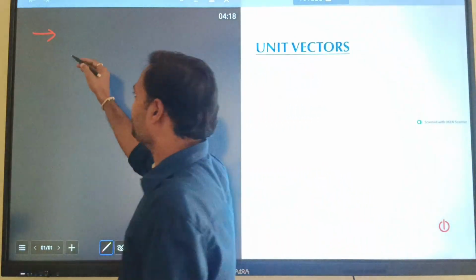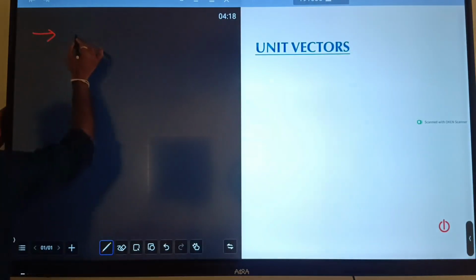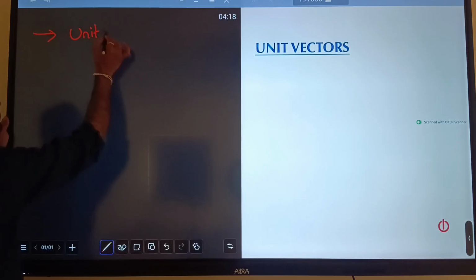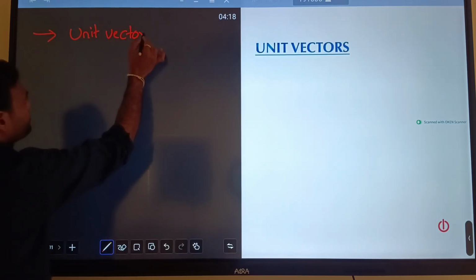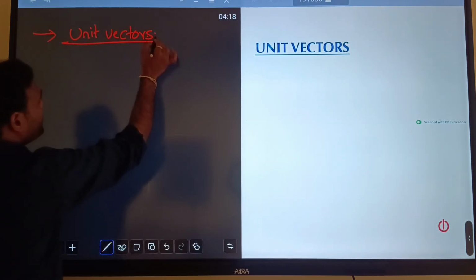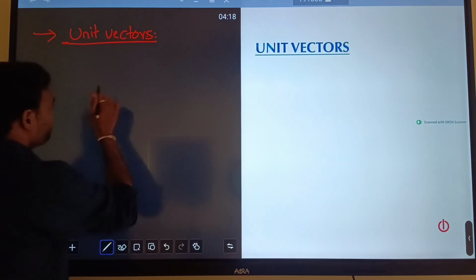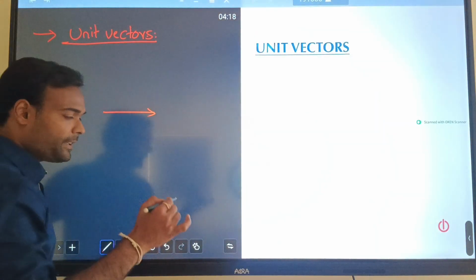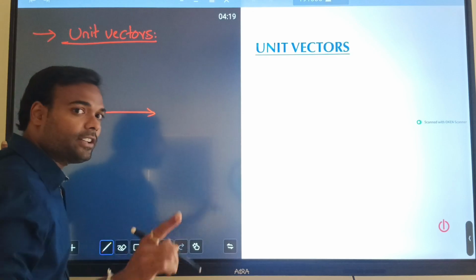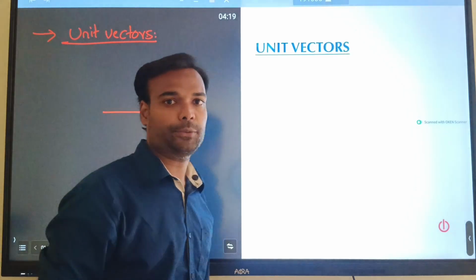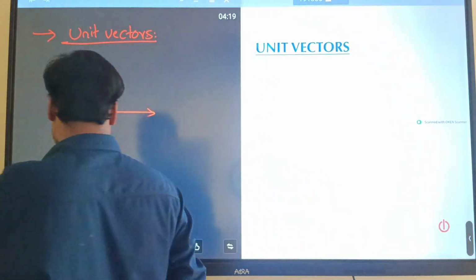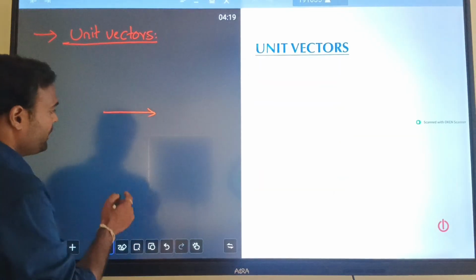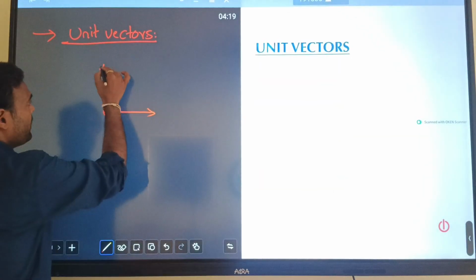Let us consider a particular vector which is representing only direction, it does not represent any magnitude. Before that I will give you an example. Suppose it is a coordinate system.